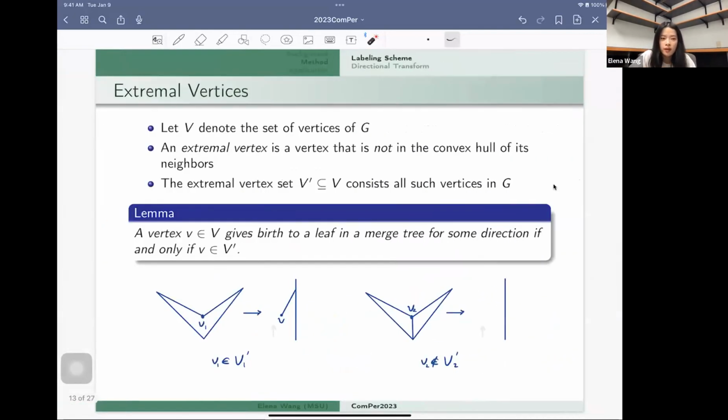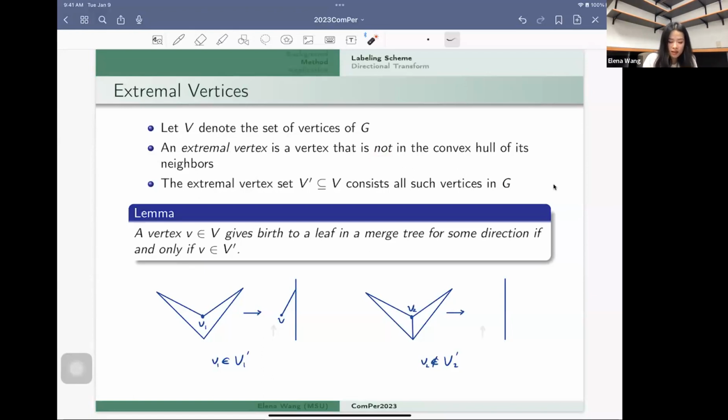First, I want to explore which vertices are important to us. And we discovered that a set of vertices that we define as extremal vertices is especially important to us. The definition of an extremal vertex is that it's a vertex that is not in the convex hull of its neighbors. Let's walk through this definition a little bit.